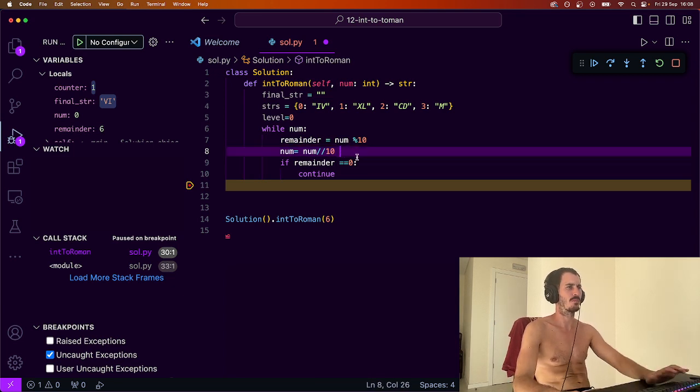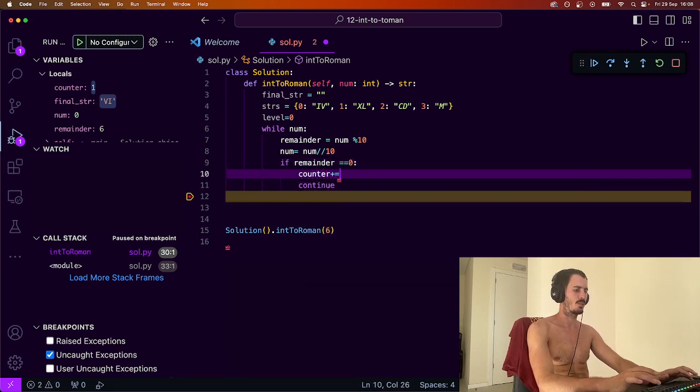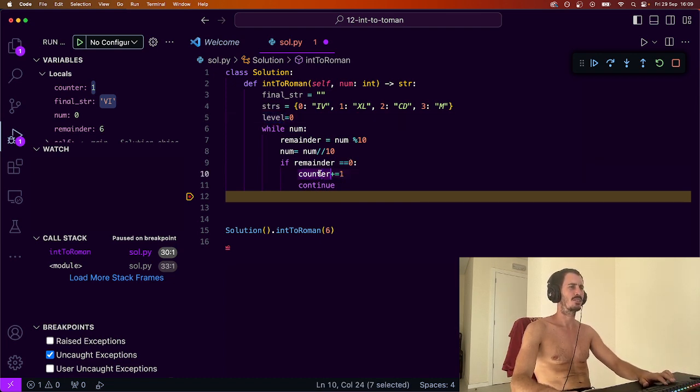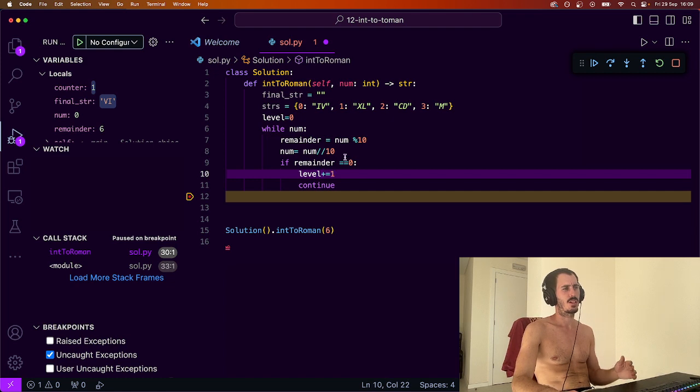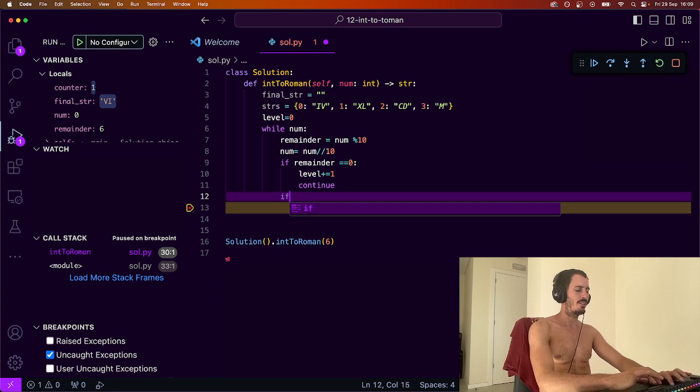So we ignore them and increment the level. The level is what tells us: are we in the units, the tens, the hundreds, or the thousands? So let's continue.